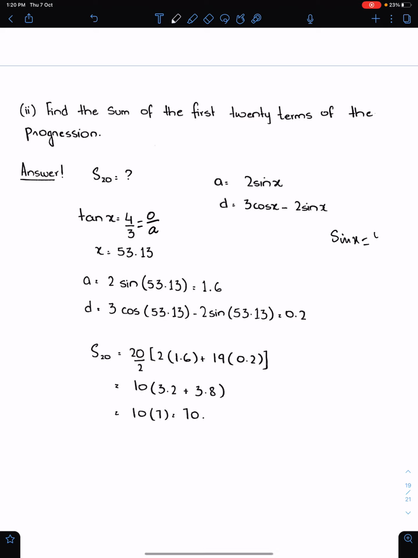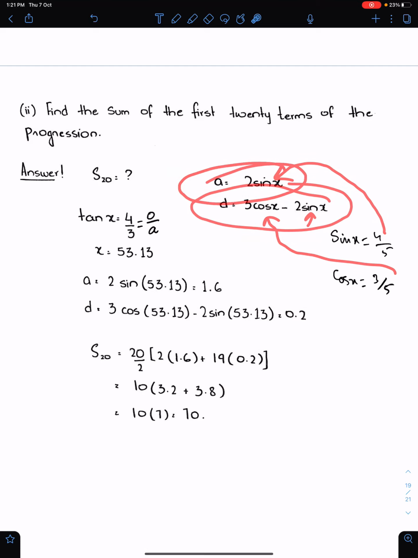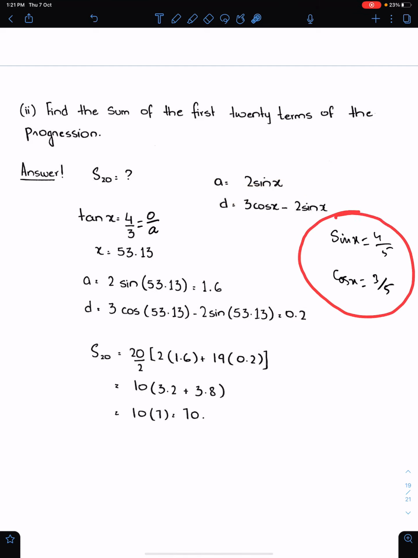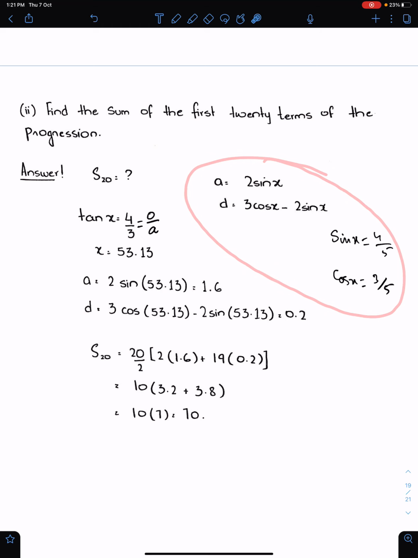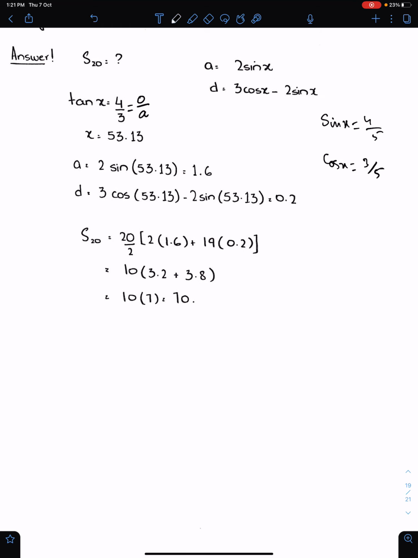Sin x is 4/5, whereas cos x is 3/5. So you can either find the angle or you can directly substitute 4/5 here and 3/5 and 4/5 here to get the values of A and D. This is the best way to solve this question because we have exact values. Or you can simply substitute the angle. You have an option.